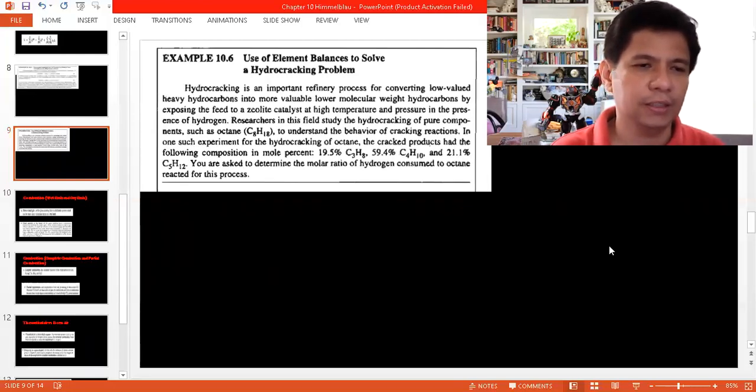Generally, these low molecular weight, low carbon hydrocarbons are used to make monomers of polymers. Polymers are plastic materials. So generally, plastic is more expensive than octane.